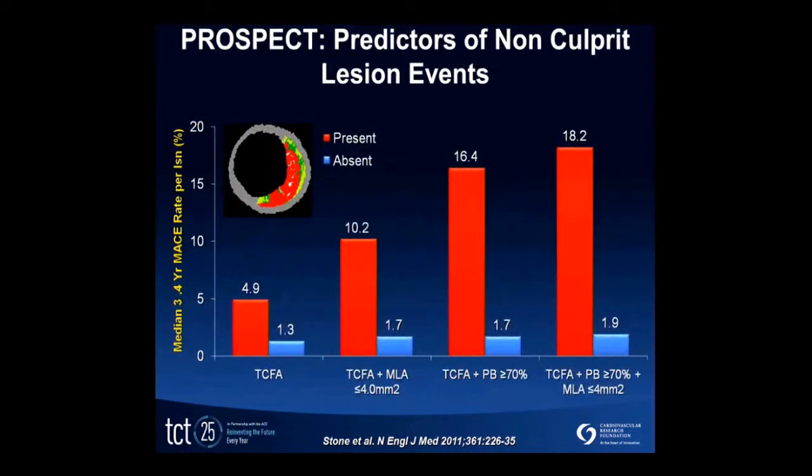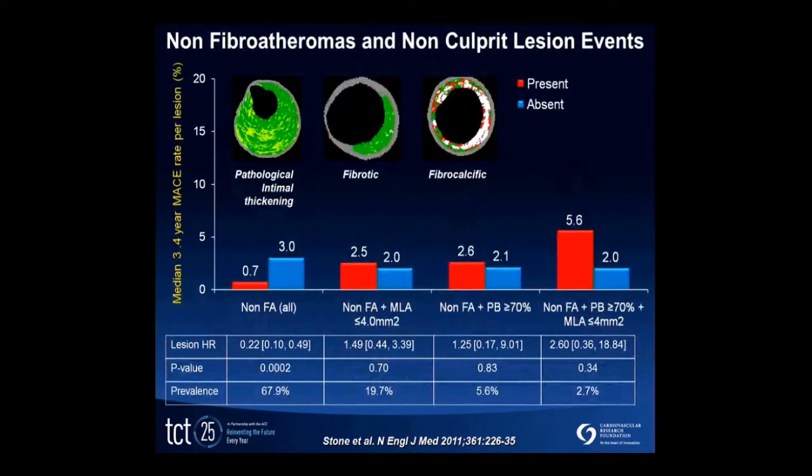And if you had the triad of these 3 findings, the event rate was 10-fold compared to the absence of this triad. This was substantiated by a study called VIVA that I'll show you in a minute, but just as importantly, non-fibroatheromas, either pathologic intimal thickening, fibrotic plaque, or fibrocalcific plaque, were quiescent over a 3-year period of time.